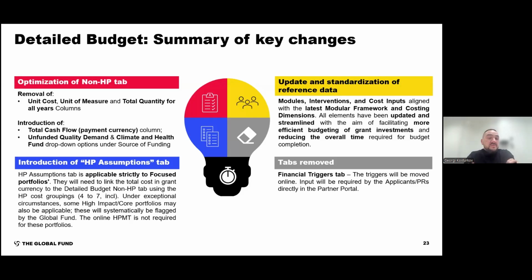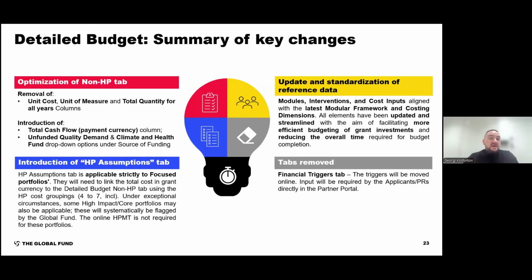So the unit cost and unit of measure, as well as the quantity, were artificial numbers to come to the total amount needed per year. This is why we have decided that they don't add value and might even be more confusing. This is why these columns are being removed from GC8 going forward.